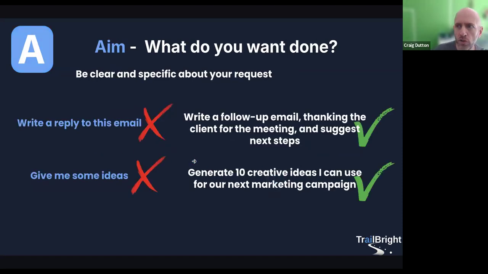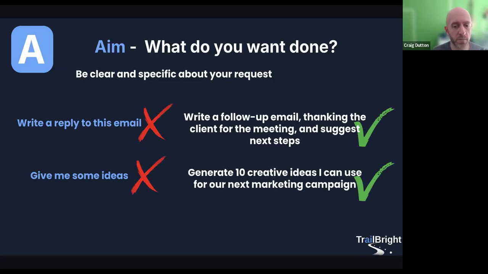The aim is, what do you want done? You always want to be clear and specific about what you want the AI to do for you, because you want it to complete a task. You don't want it to be short and generic. You want to be very specific. Although you'll get a result, the one on the left, write a reply to this email, is okay, but it's not great.